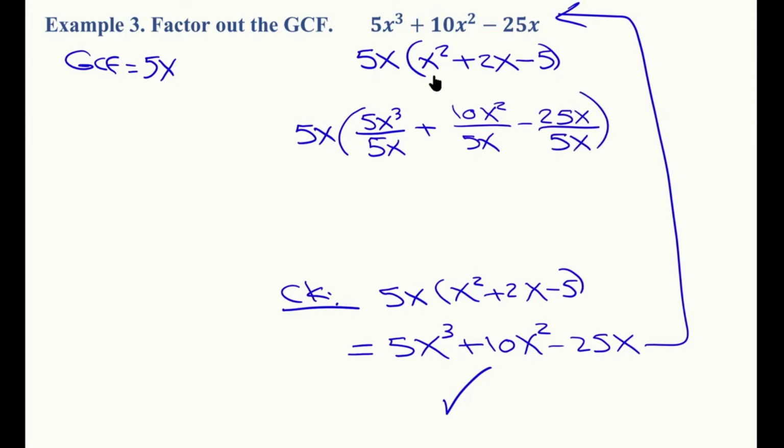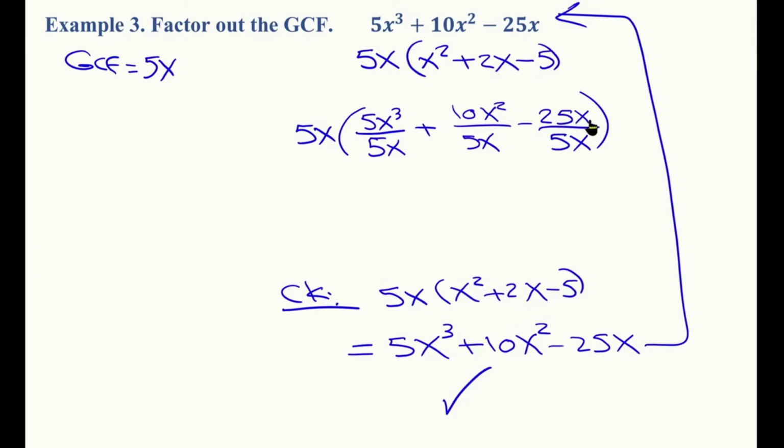All right, so the alternate way of doing this is to take out the GCF, then divide each of the three original terms by the GCF to see what should go here. Notice, what's 5x cubed divided by 5x? That's x squared. What's 10x squared divided by 5x? That's going to give you 2x, right?